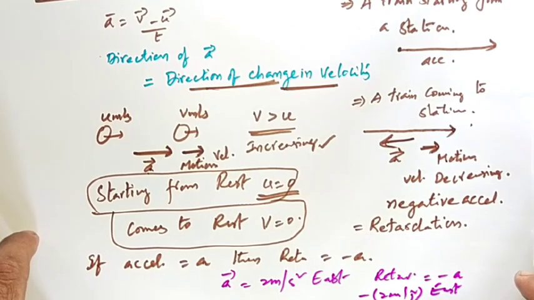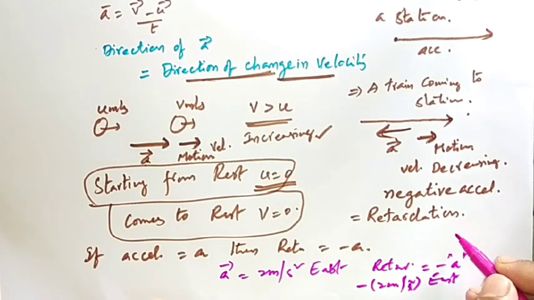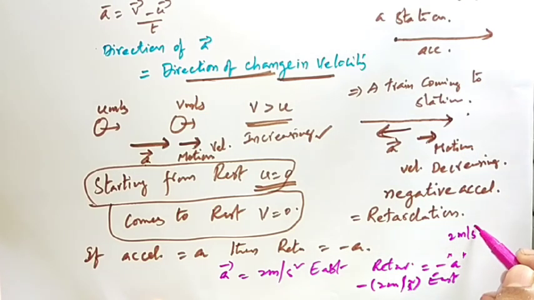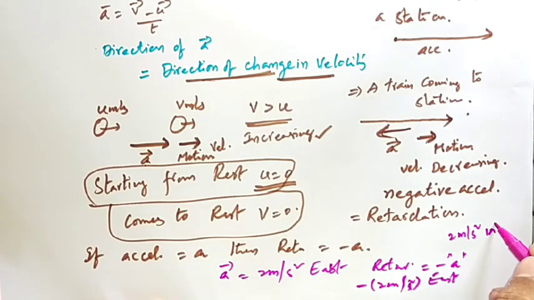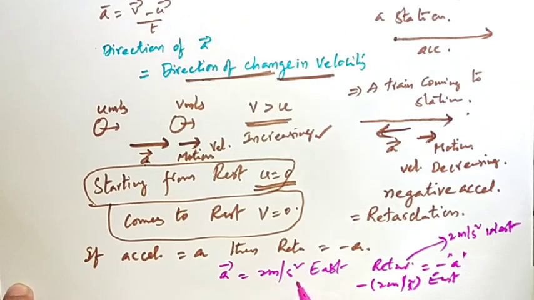Minus is nothing but opposite to east, which is west. Therefore retardation is 2 meter per second square west, when acceleration is 2 meters per second square east.